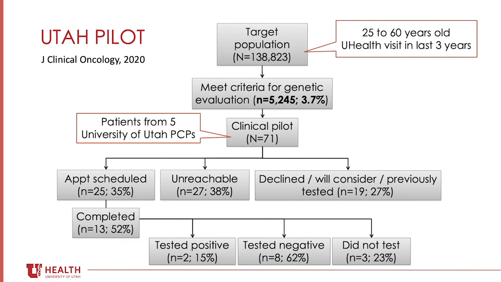We ran our algorithm against the University of Utah Health target population, and we found over 5,000 people who meet criteria for genetic evaluation. And we did a pilot with 71 patients. Those were patients assigned to 5 primary care providers who were interested and accepted to be part of this pilot experience. And outreach messages were sent to those patients.